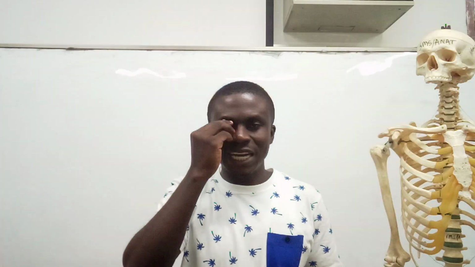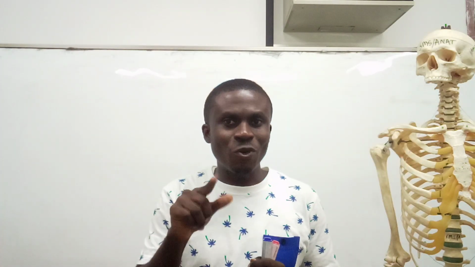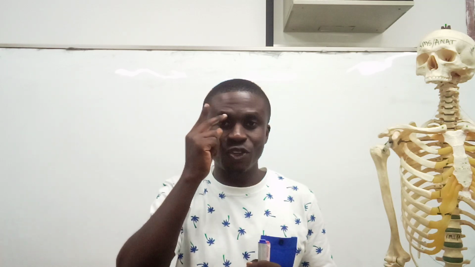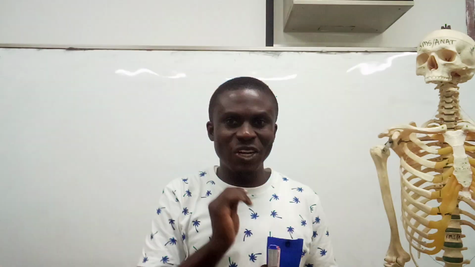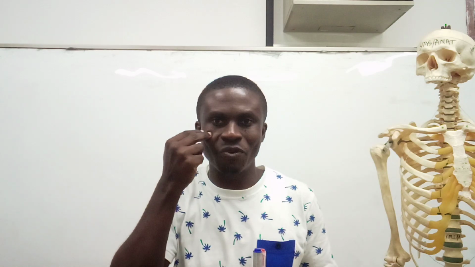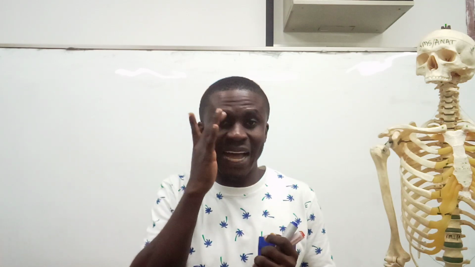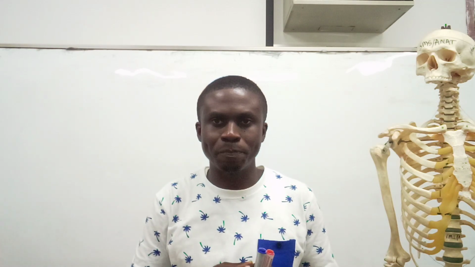You will realize that both of them are in front, so both of them are anterior, no problem. But what I see is that the right eye is a bit medial compared to this right zygomatic bone, which is deep over here. Therefore, we can say that this right eye is medial to the right zygomatic bone.